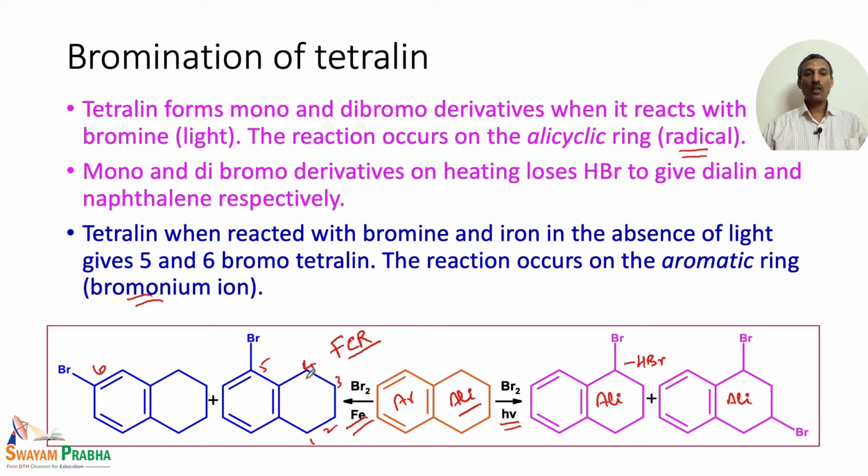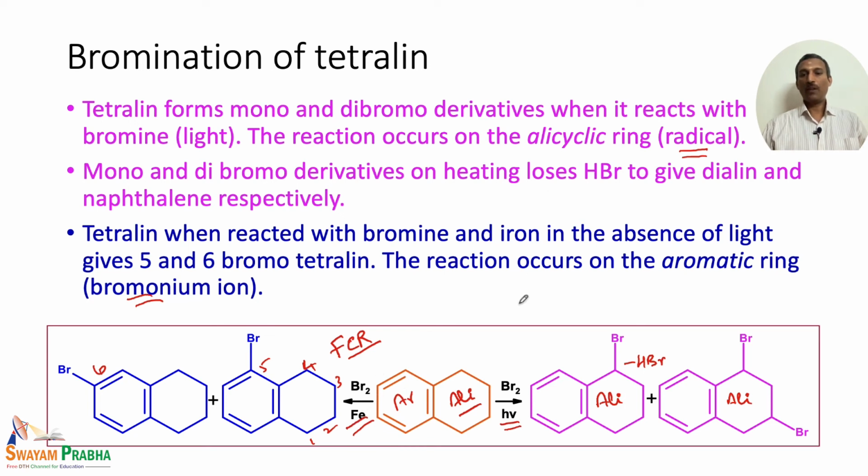We have to start the numbering from the bottom, so that we give the least number to the substituent. That's the reason we have the 5-bromo derivative or the 6-bromo derivative. Both these derivatives are formed when bromine reacts with tetralin in the presence of iron.